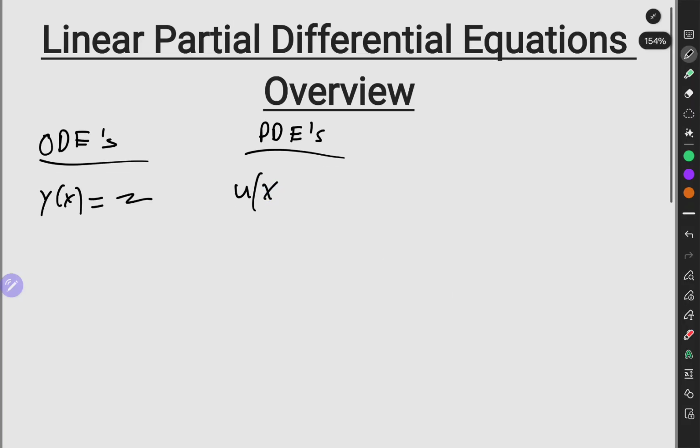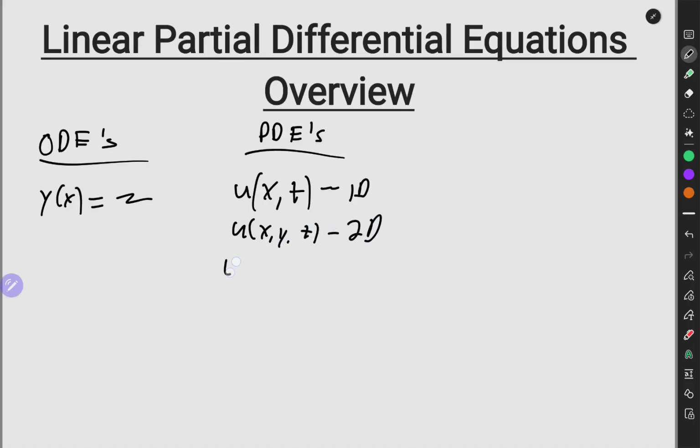So now we're looking at the change in whatever over x and time, which adds a whole other factor to these problems, as you can see. Now this would be like a 1D case. If we have something like this with x, y, and t, that's 2D. If we have x, y, z, t, that is 3D.